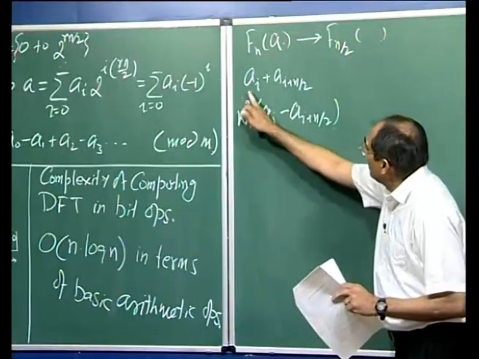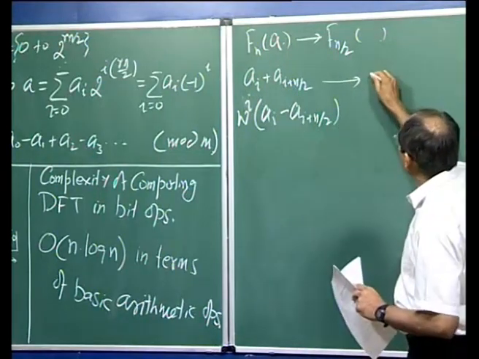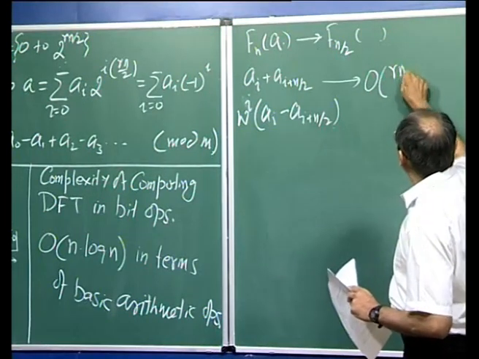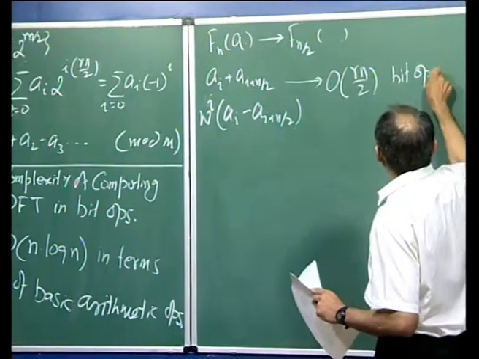So the number of operations here in terms of bit operations is going to be at most Rn by 2 bit operations.